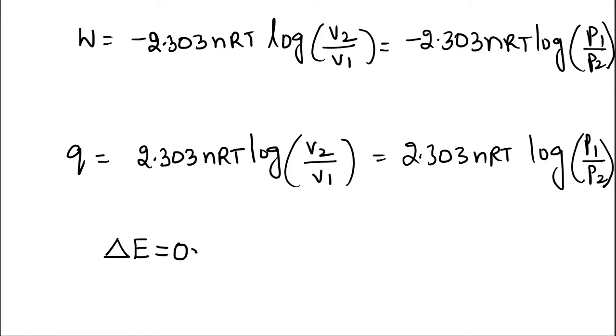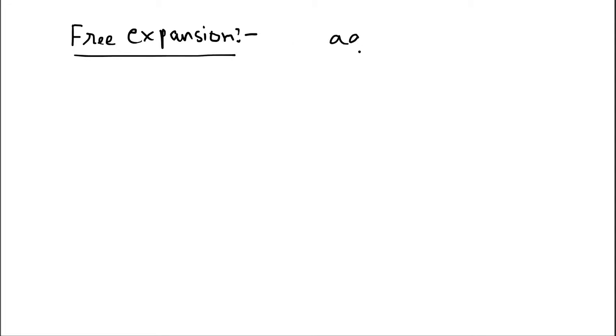Now let's see what will happen if the gas expands freely, that means against vacuum. Free expansion means against vacuum, and here against vacuum means external pressure is zero.